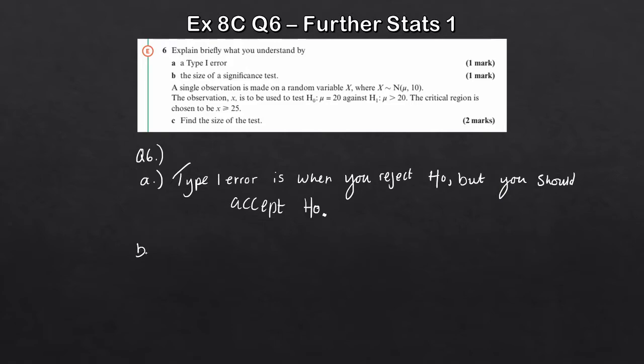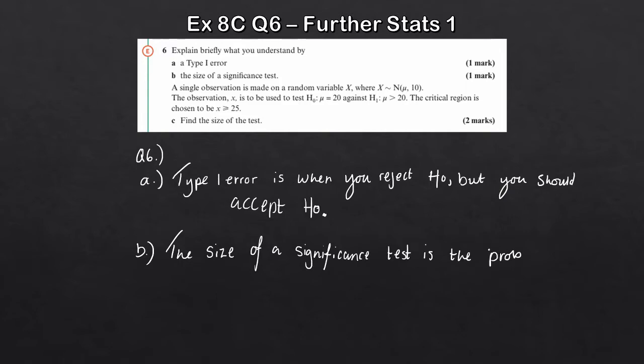For part B, the size of a significance test. Again, just a very standard textbook question in terms of definition. So the size of a significance test is just the probability of rejecting the null hypothesis when it's true.